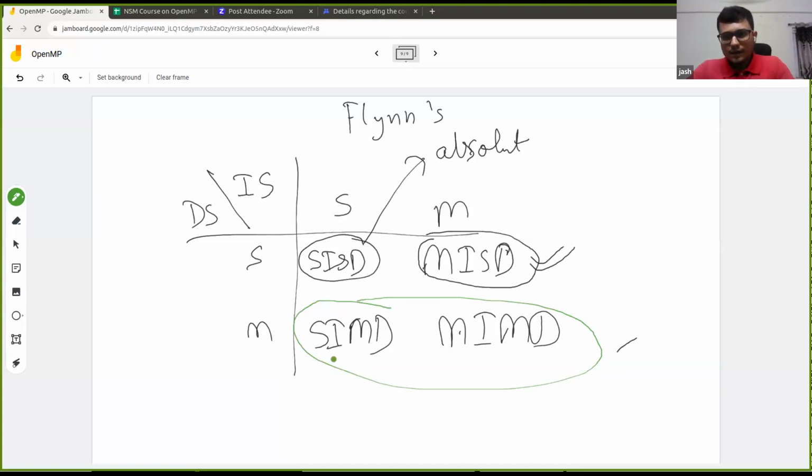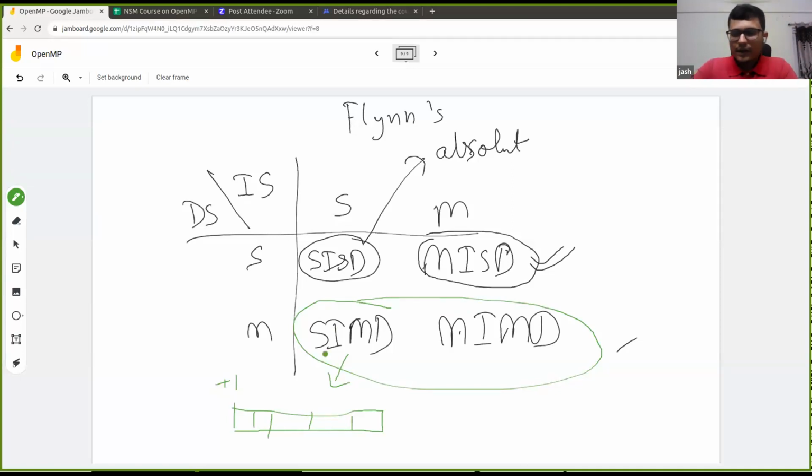This SIMD system is kind of a vector processor, because you have a single instruction and you are performing it on multiple sets of data. Vector processing is one example of SIMD. Let's say you have a vector and you want to perform the same instruction, such as adding something to all the cells in the vector. Then you have a single instruction on multiple sets of data.